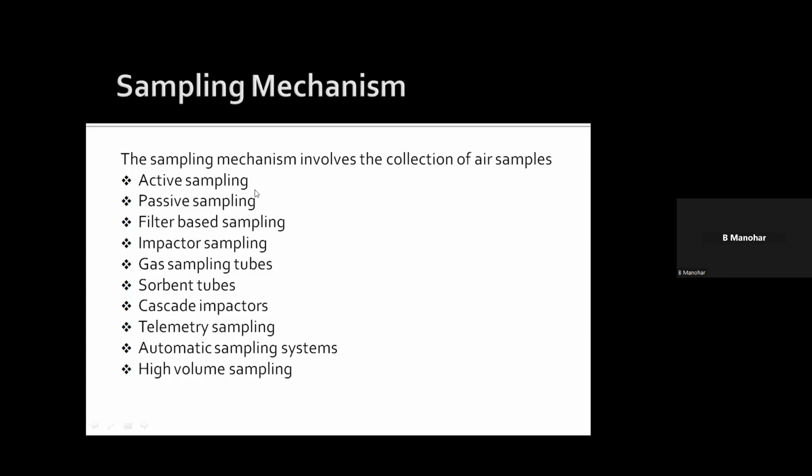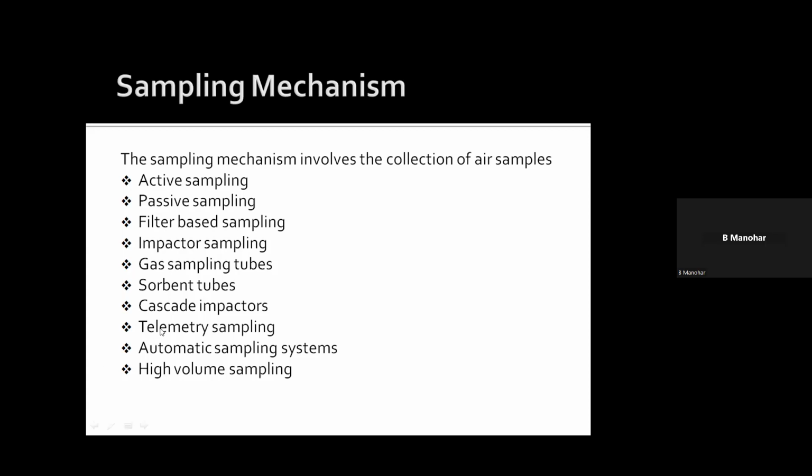On the other hand, passive sampling means we have to give external power supply to the sampling mechanism in order to work properly. Filter based sampling means we have to use a filter in the process of collection of air samples. An impactor is a device which collides with another object. Through these collisions, the air samples go into the air quality monitor, so that we can check the quality of that collected air.